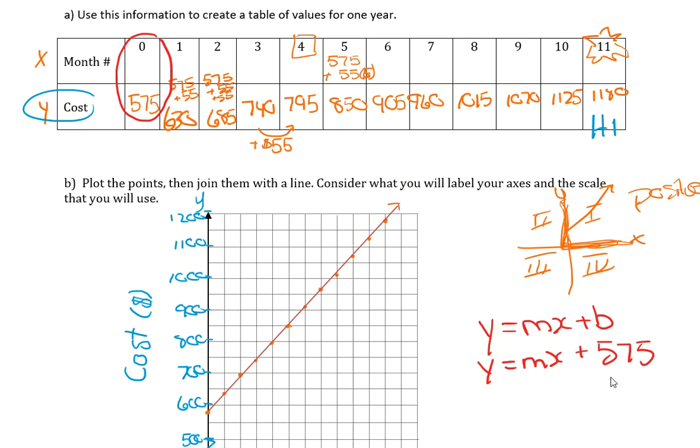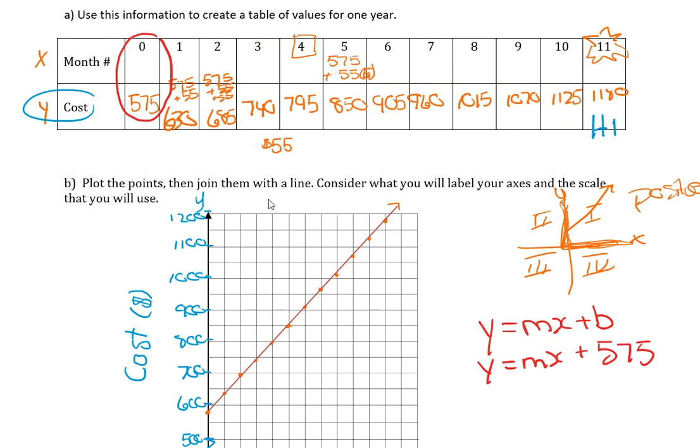Now in the final equation you must have a y and you must have an x, but the m needs to be replaced with a number. So how are we going to find the slope? Well, the slope is the amount that we're increasing by each time. So we talked previously about first differences, and the first differences are the numbers that I'm showing you right here.